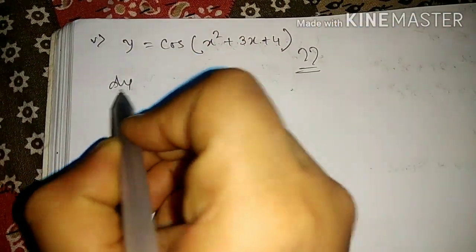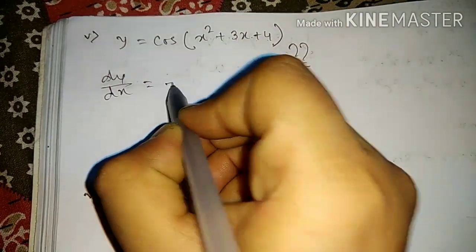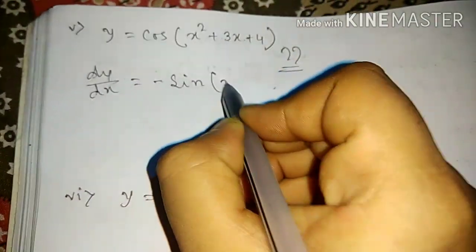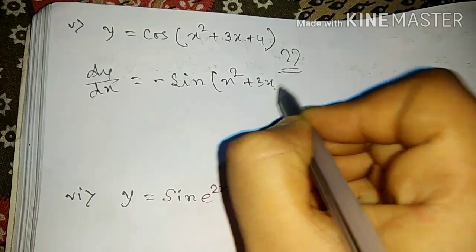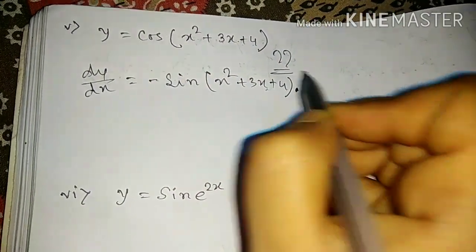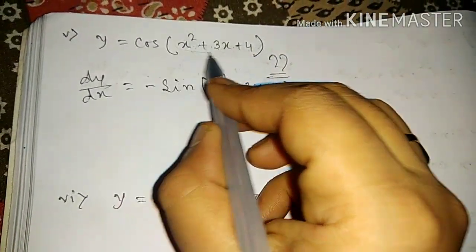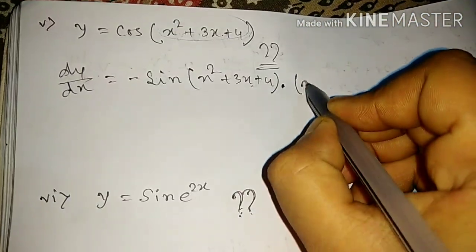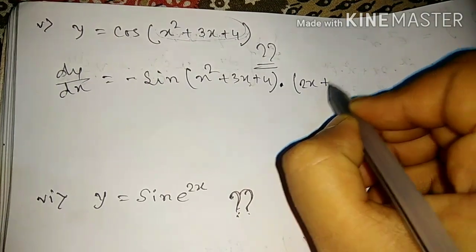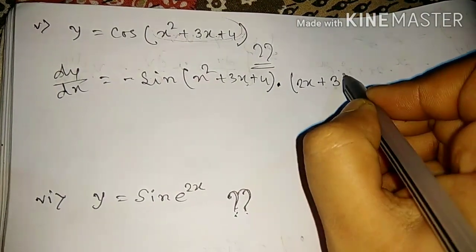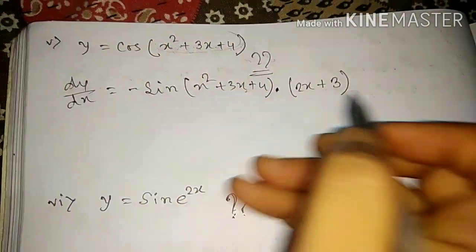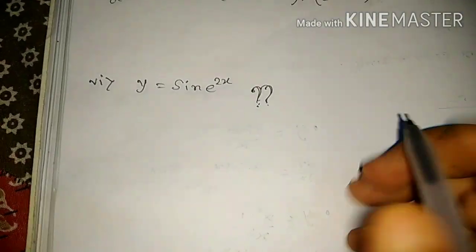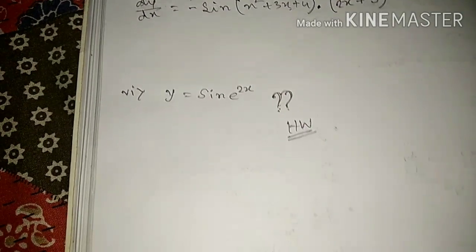So dy by dx equals, first we write minus sin of x, where x means x square plus 3x plus 4. Now we differentiate the bracket term. The bracket term x square gives 2x, plus 3x gives only 3, plus 4 gives 0. So this is the answer. This is your homework also. Try it at home.